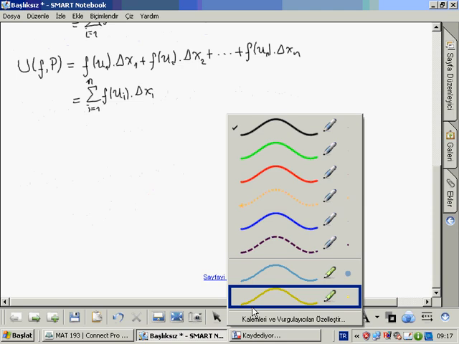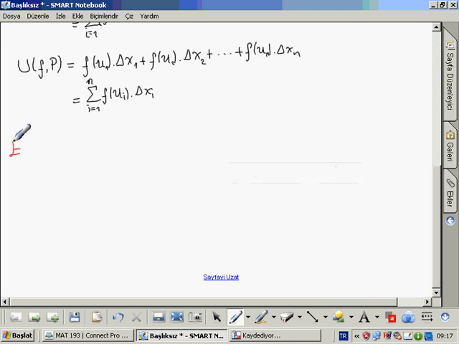And let me give you an example to understand these lower and upper Riemann sums, okay?